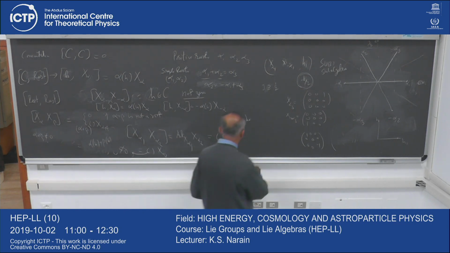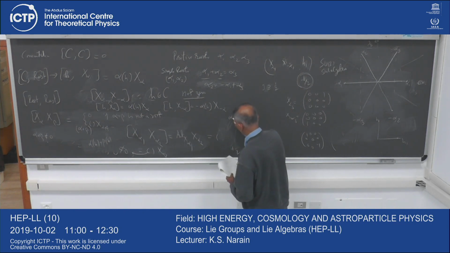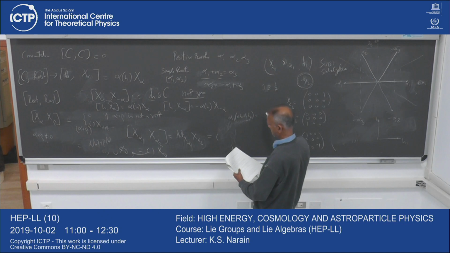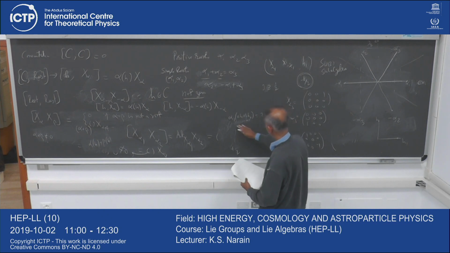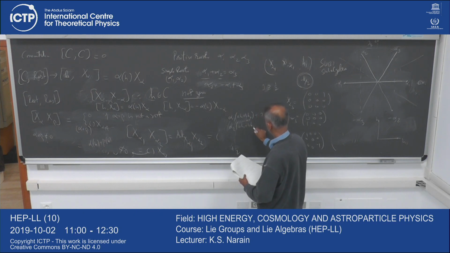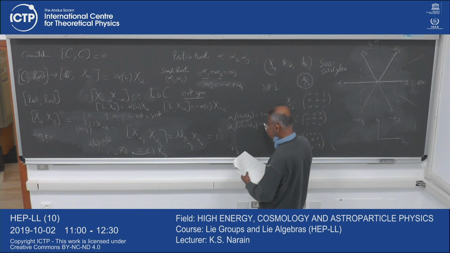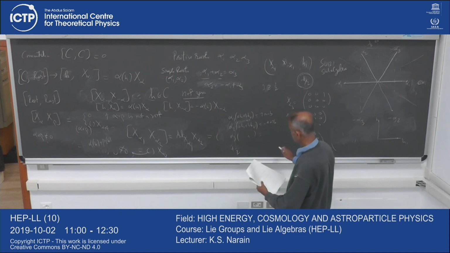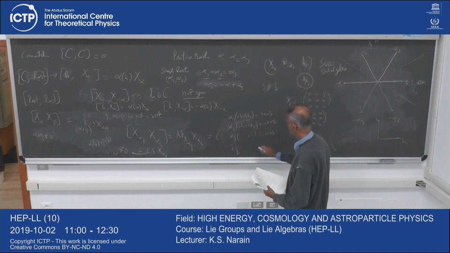So if you look at the numbers here, alpha 1 of A H1 plus B H2 was 2A minus B. Alpha 2 of A H1 plus B H2 was minus A plus 2B, and finally alpha 3 of the same thing was equal to A plus B, right?